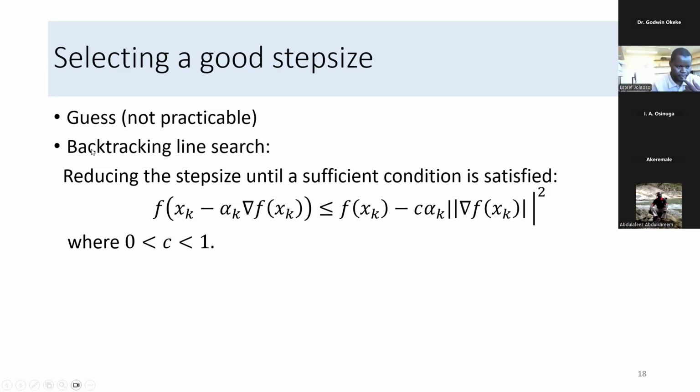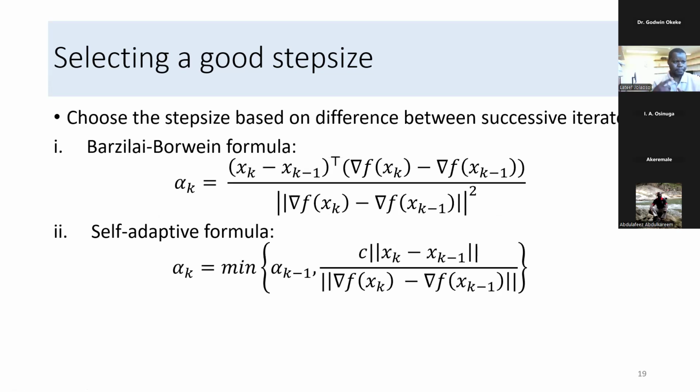So one of the ways to go about this is what I call backtracking line search, or the Armijo line search. There are several types of line search, but in this case, one of the fundamental is the Armijo line search. It says that if we set this condition in such a way that alpha k satisfies this condition, then we are guaranteed that the step size we have chosen is a good step size, which will make the algorithm converge. Another choice of the step size is by self-adaptive means.